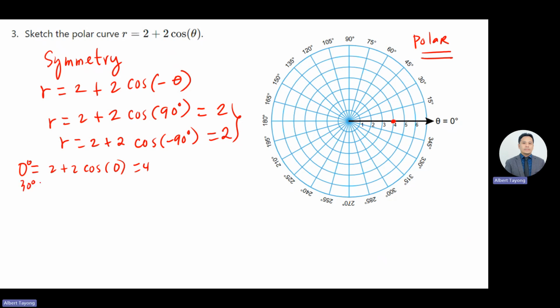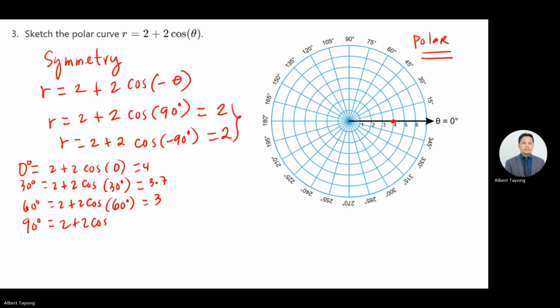Let's try 30 degrees. That's 2 plus 2 cosine 30 degrees in your calculator. The answer is 3.7. And for 60 degrees, we have actually 3. And 90 degrees, we solved this already above. It is 2.